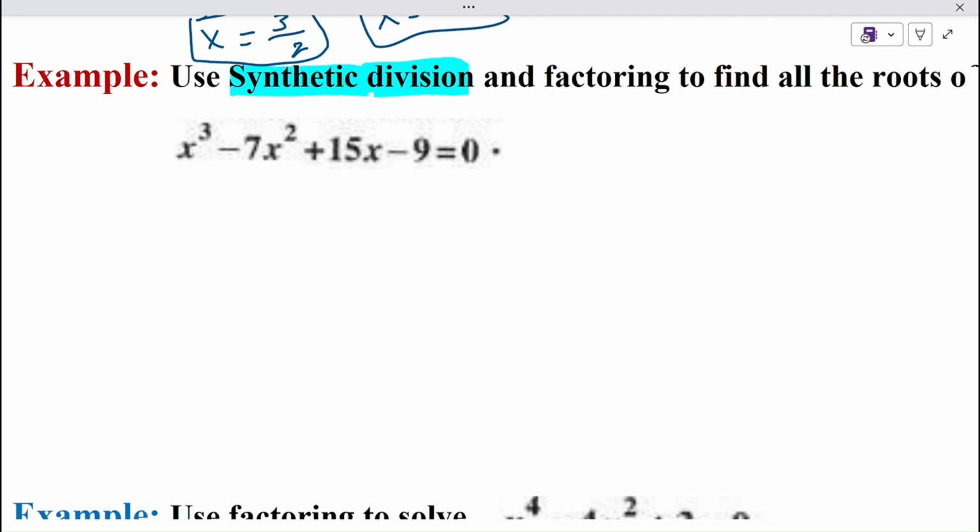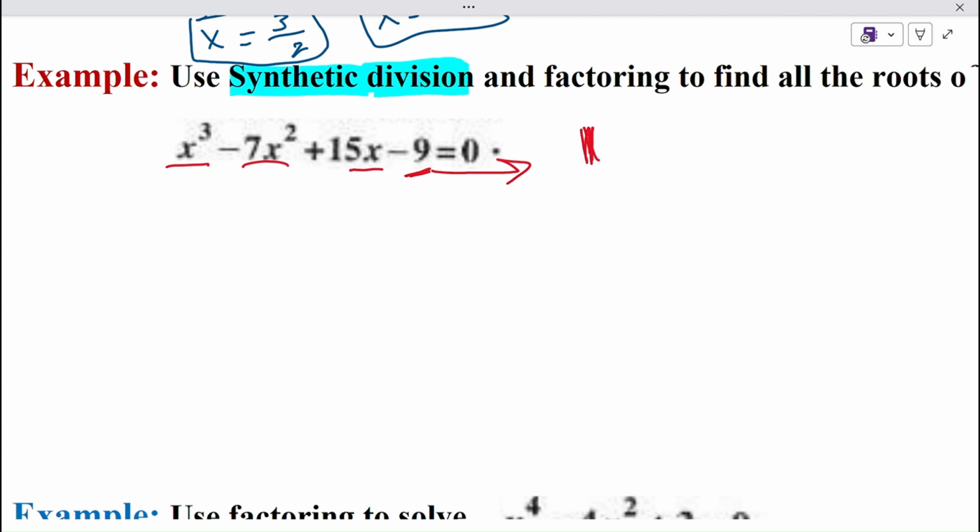Look at here, in these terms we have it, but what about here? We don't have it. In this example, you have to find one of the factors of 9. One of the factors of 9, of course, is 1.